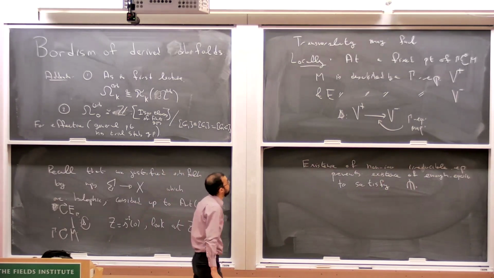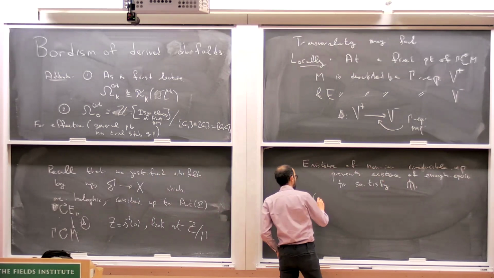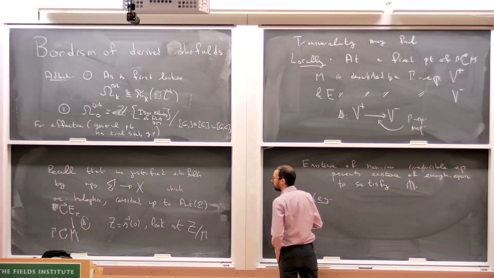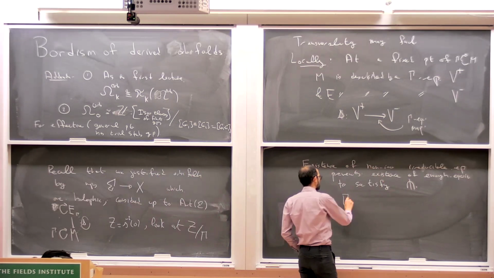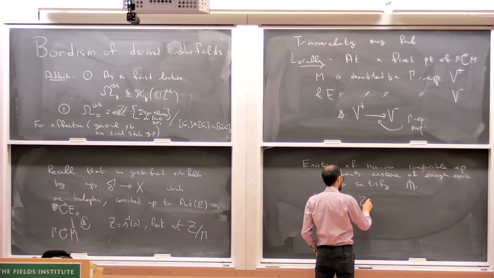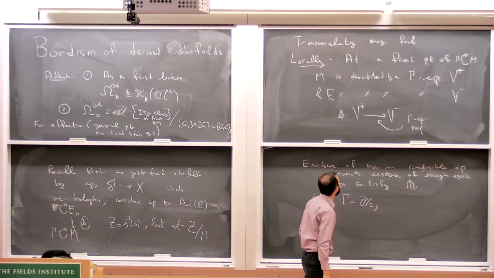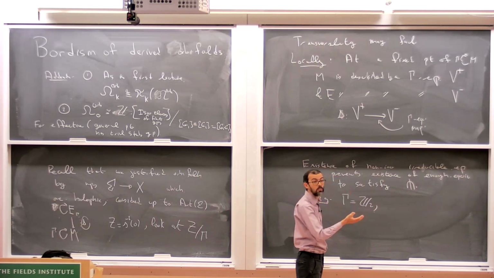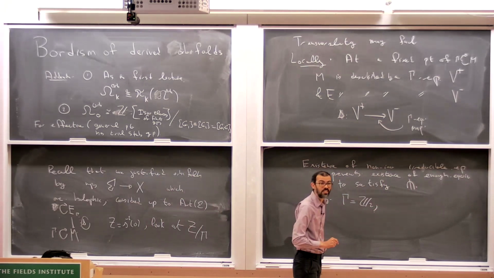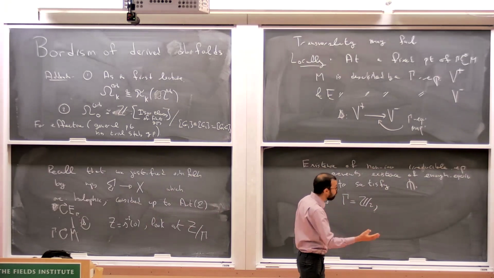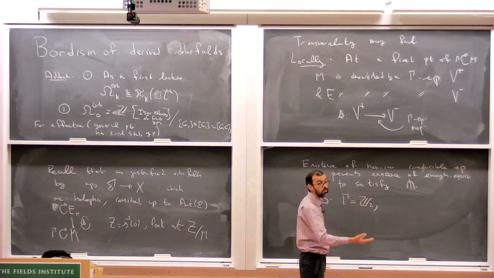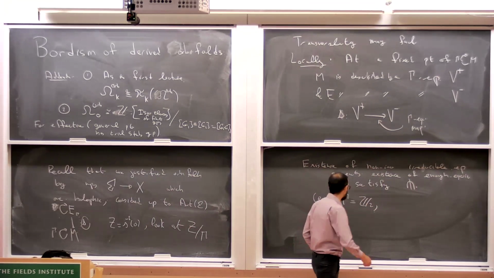So you should have in mind, for example, the simplest case: gamma could be the cyclic group of order 2. And then one of these could be the trivial, and the other one could be the non-trivial representation. And then the only way to have a map from the non-trivial to the trivial representation is to do z goes to z squared.